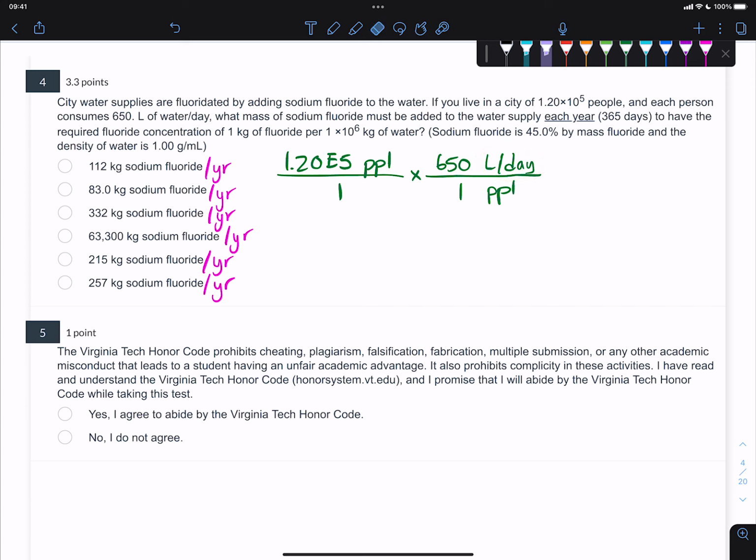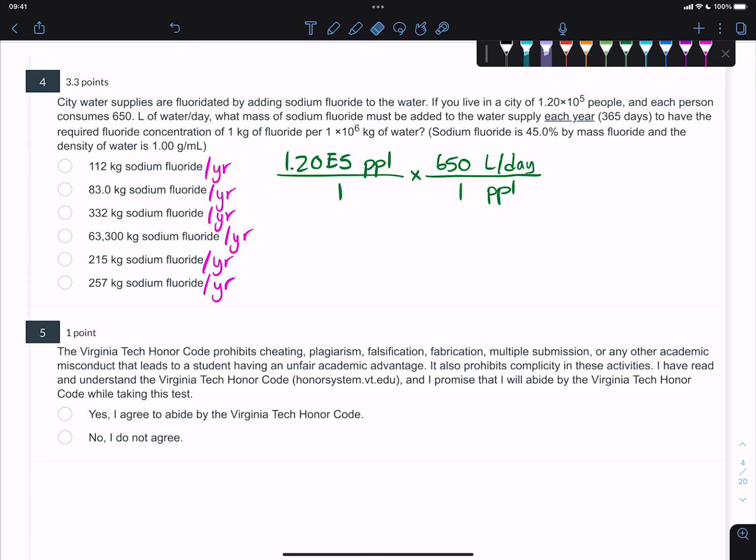Let's evaluate our units as they stand now. If we were to do the math here, we'd currently be left with liters per year. So doing the math, we'd find out how many liters of water this city uses in a year. And you can kind of feel in your heart we're getting closer to the answer. So dimensional analysis will actually get us all the way there.